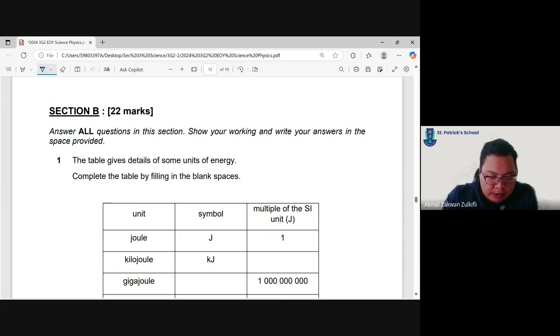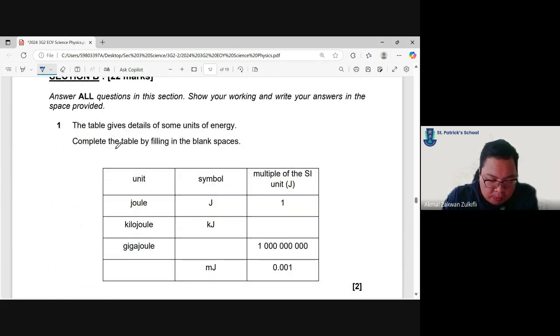Okay, question 1. The table gives some units of energy. Complete the table by filling in the blank spaces. Joules, kilo, giga. We must remember this one. The girl makes kids delicious cookies, making me healthy.